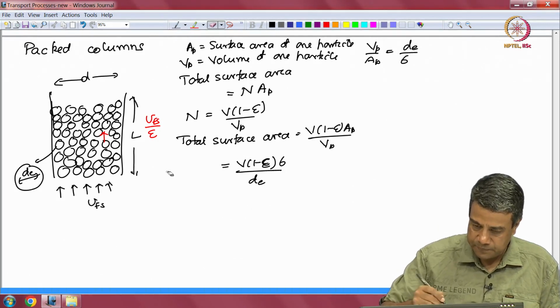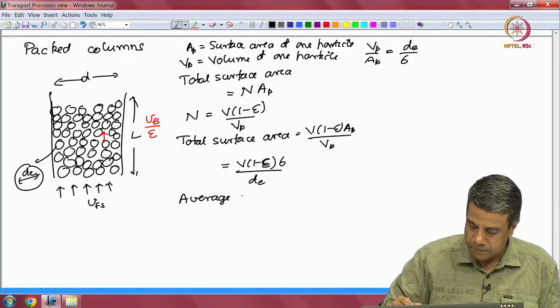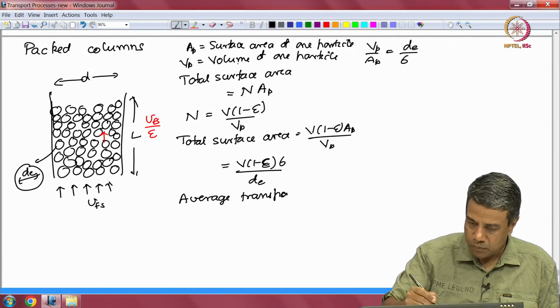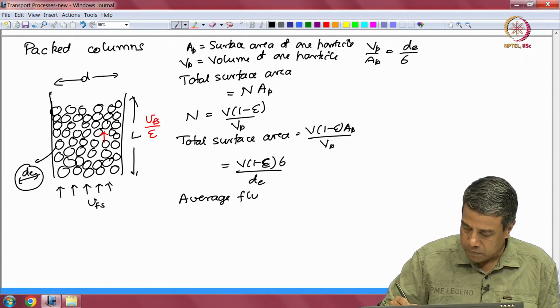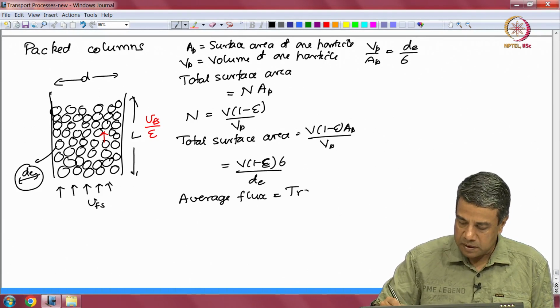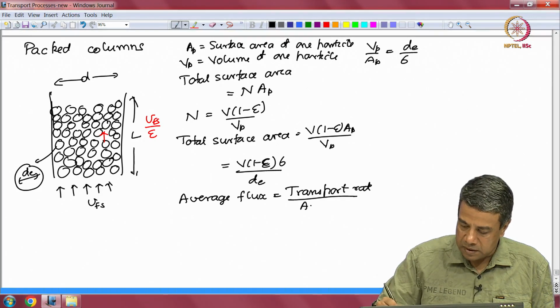Okay. So, average flux is equal to transport rate divided by the total area.